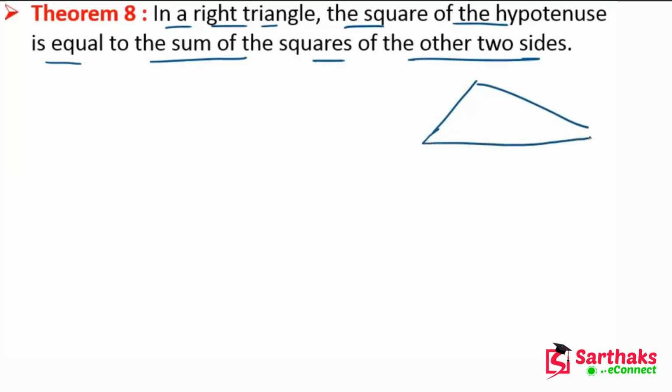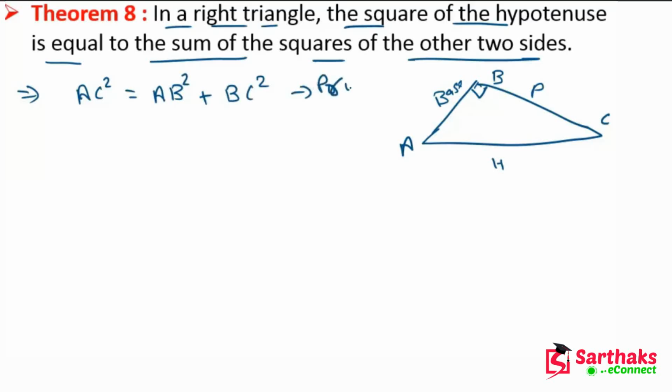In a right angle triangle like this, ABC, this is the hypotenuse, this is the base B, and this is our perpendicular P. We need to prove that AC square is equal to AB square plus BC square.